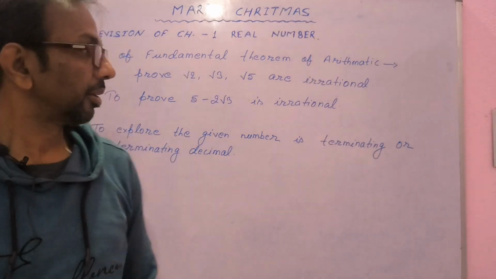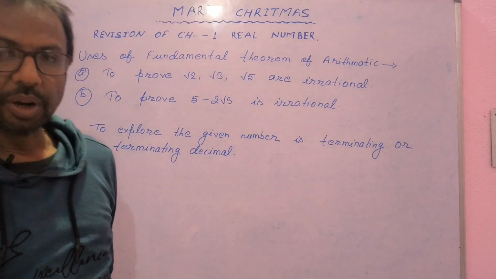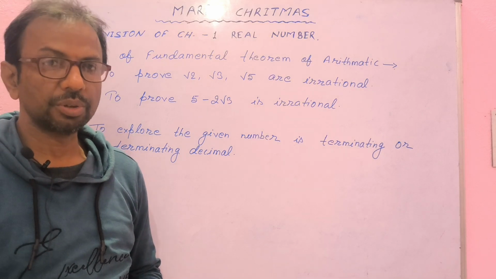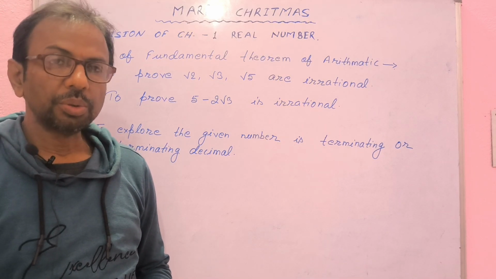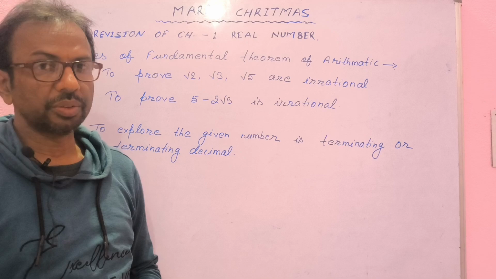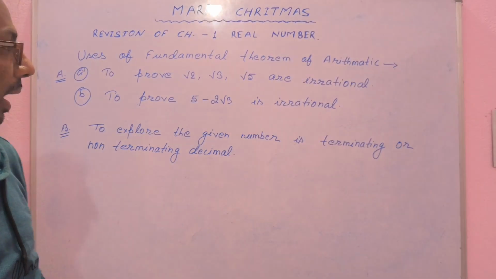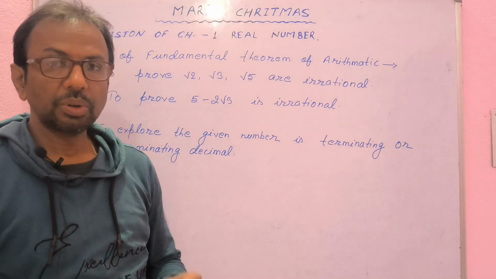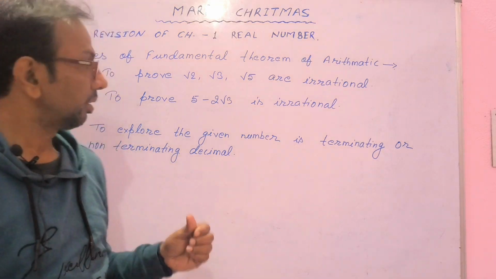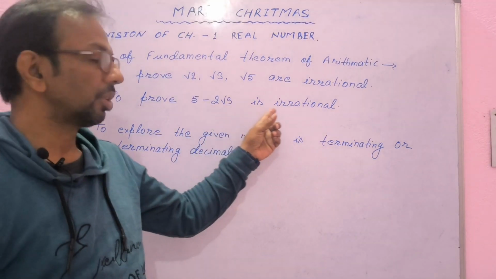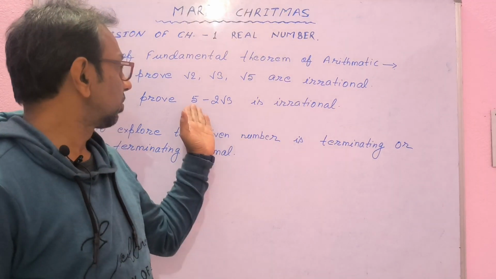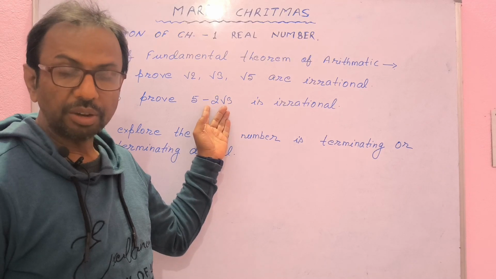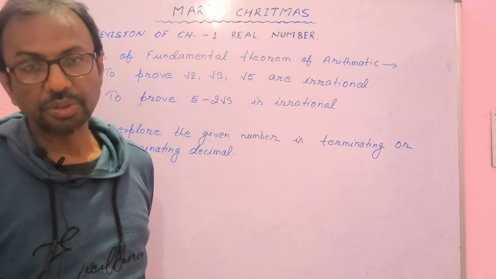After the statement, there are some uses of the fundamental theorem of arithmetic. The first use of this theorem is to prove that root 2, root 3, root 5 are irrational numbers. In this section of questions, one important variant is to prove 5 minus 2 root 3 is irrational, or some other terms may also come with the plus sign, such as 7 plus 2 root 3 is irrational.